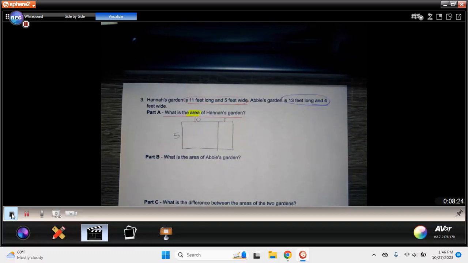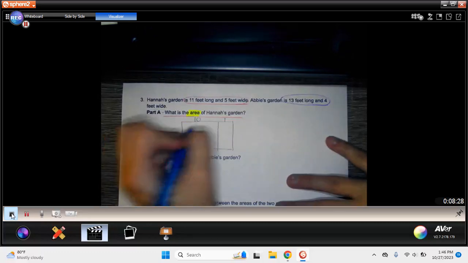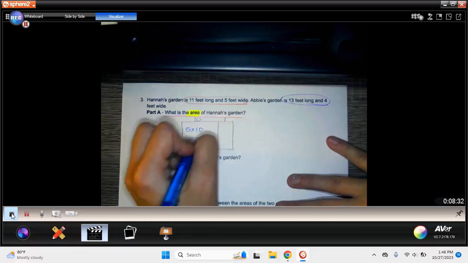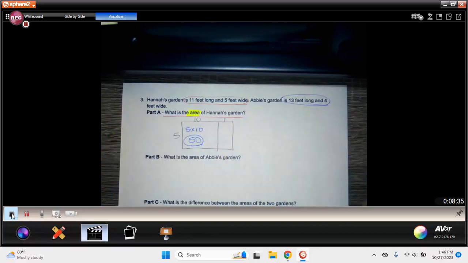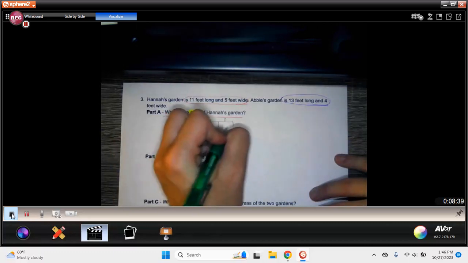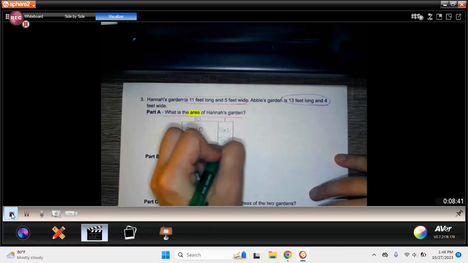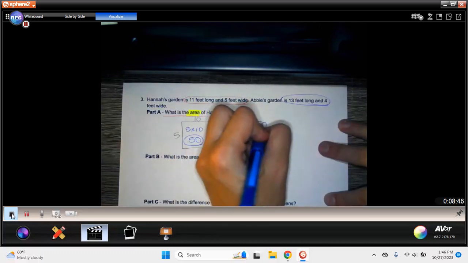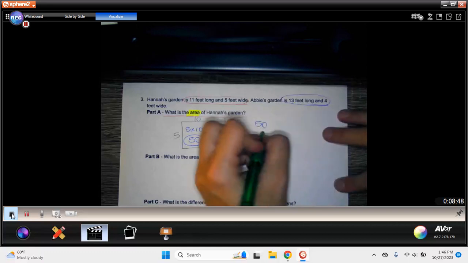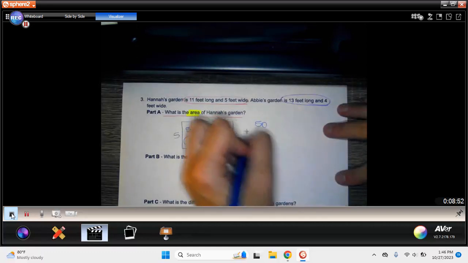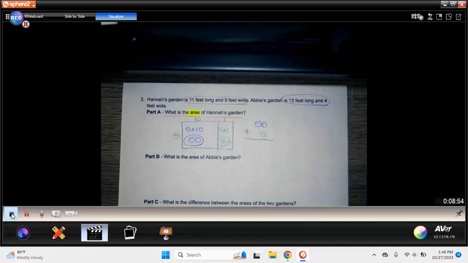I'm going to choose a color here, do blue. 5 times 10 is 50, and 5 times 1 is 5. Going to add that up. 50 plus 5 is 55. And that is for Hannah's garden.